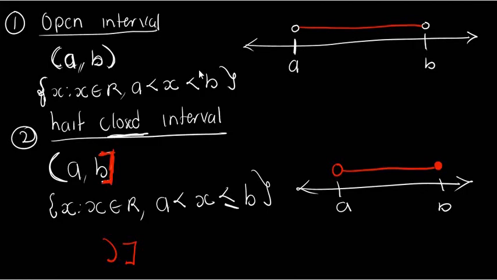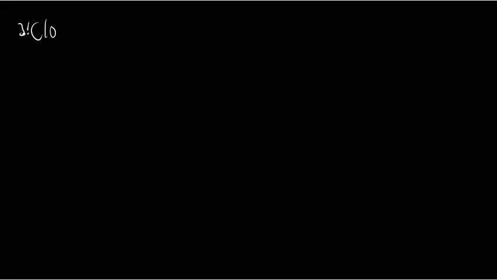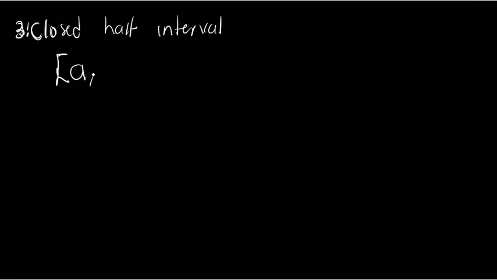Now let's also look at the other one, the closed half interval. This means that this side where there's A it's closed, and the side where there's B it's open.